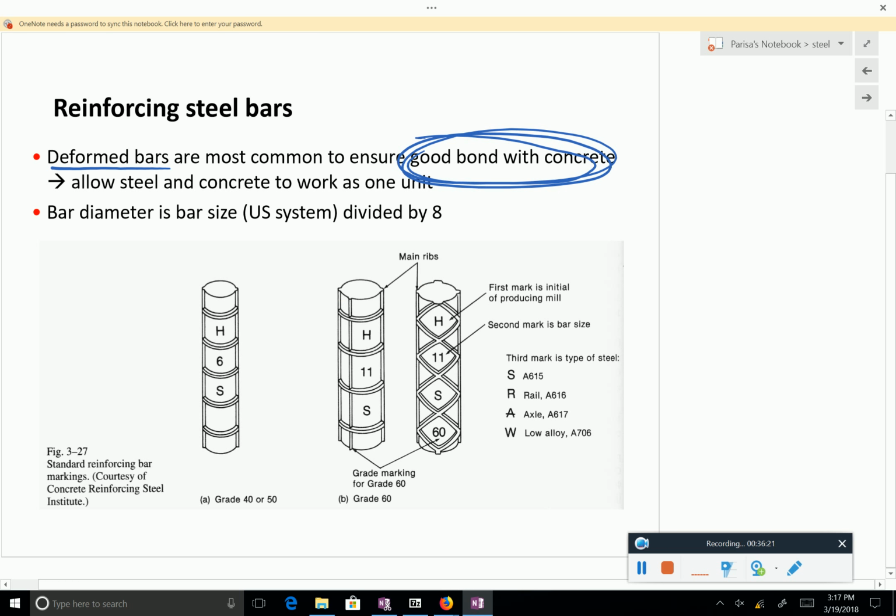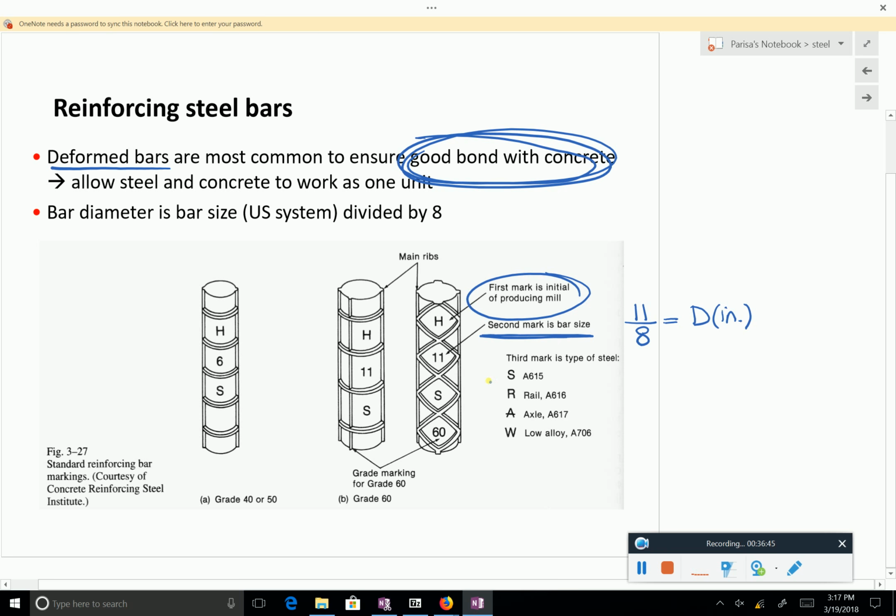And the designation of these bars typically starts with the steel plant, and then the bar size. In the US, if you take the bar size and divide it by 8, it gives you the diameter of the bar in inches. So it's a convention that we have.